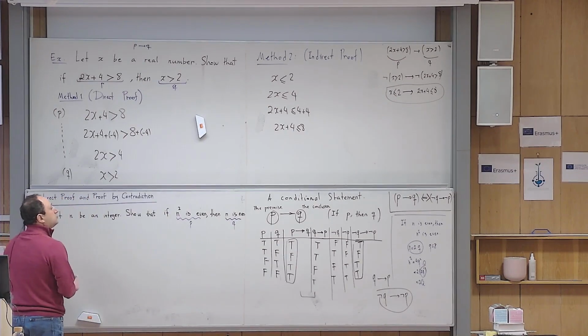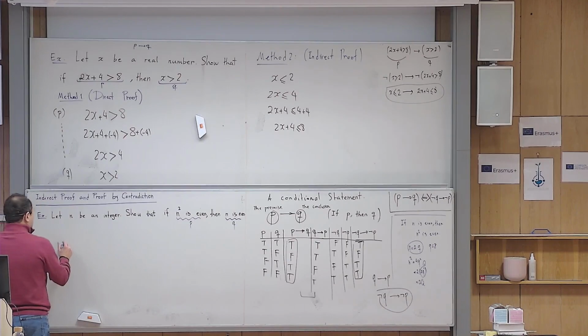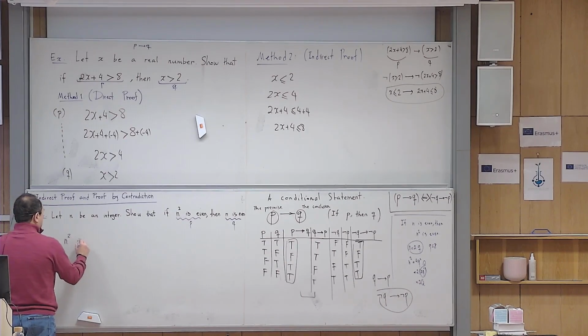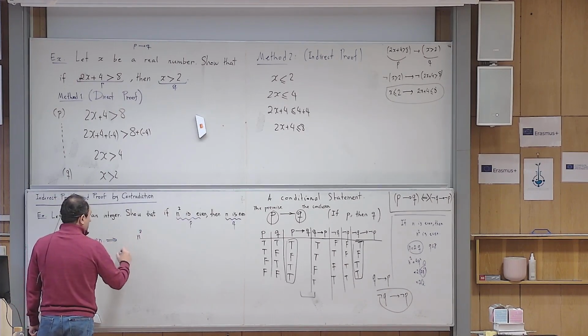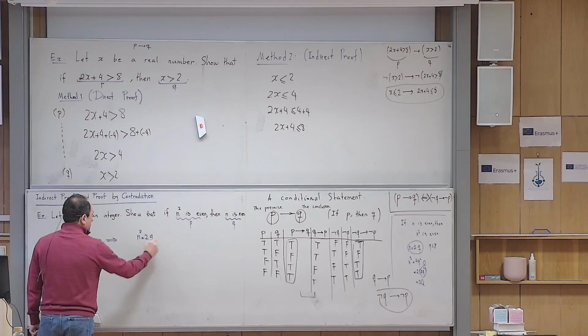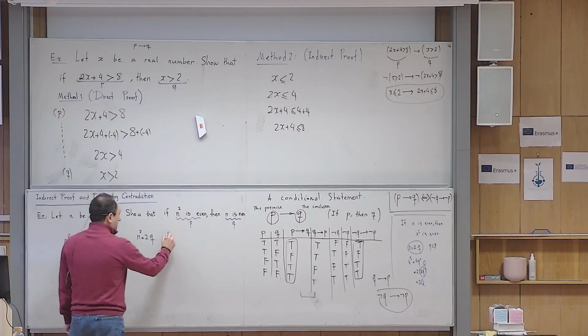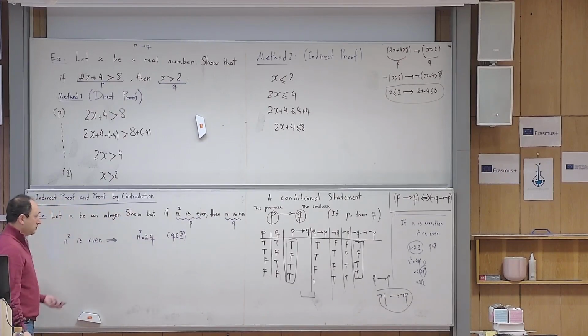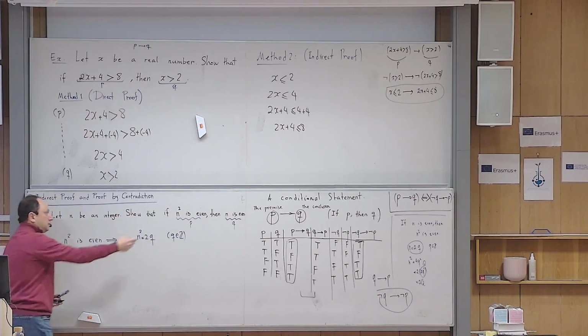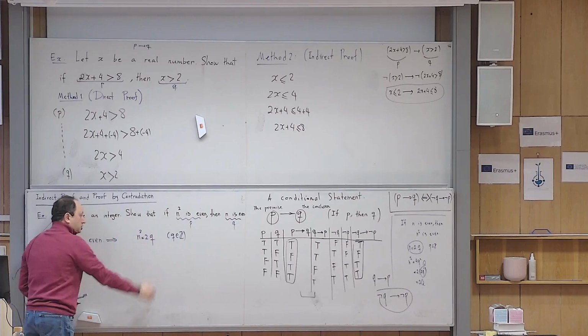I will do the same thing. You are granting this. Then I am allowed to conclude that n squared is 2 times an integer q, where q belongs to Z. So far, so good. This is not wrong at all. I am allowed to conclude this.